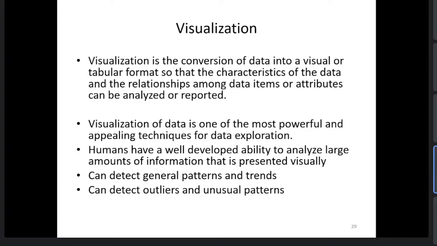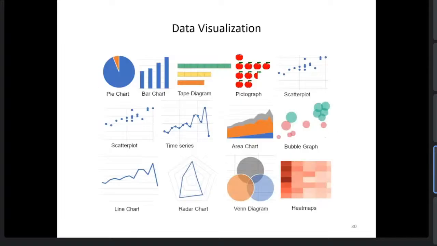Next slide. So for data visualization, not in all cases, but in my experience, I have used scatter plots of the data. Sometimes we use pie charts, bar charts. For time series data, area charts, graphs, line charts. There are also Venn diagrams and heat maps. These types of data visualization techniques we usually use.